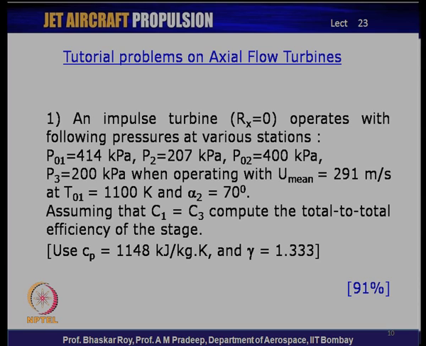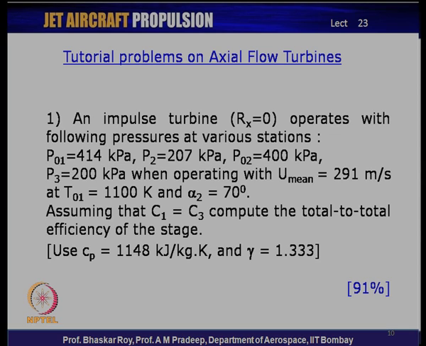The entry temperature given is a modest 1100 K, and alpha 2, that is exit from the stator nozzle, is prescribed as 70 degrees. Again, it is assumed or prescribed that C 1, that is entry velocity, is equal to C 3, which is the exit velocity from the stage.